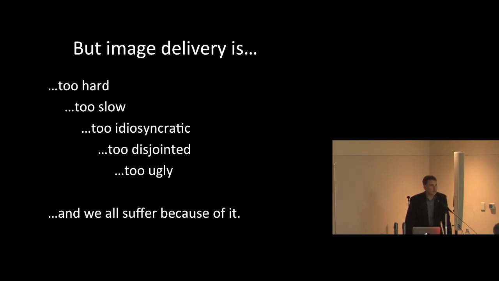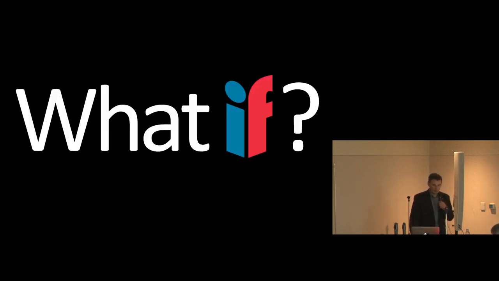And we all suffer because of it. Institutions that are seeking to provide their image-based resources on the web have to make it up in an individual way. Software providers have to write code for many different sites that varies from site to site, and users are forced to cope with these differences and unevenness. So the theory of IIIF is, what if there were a better way to deliver images?